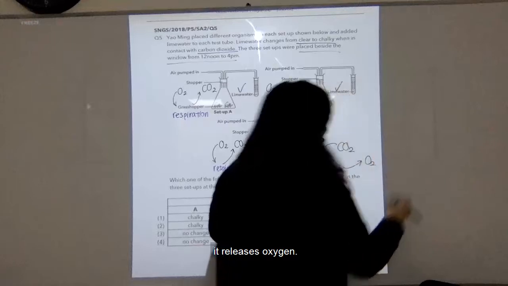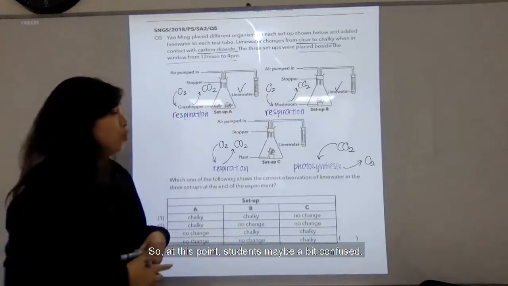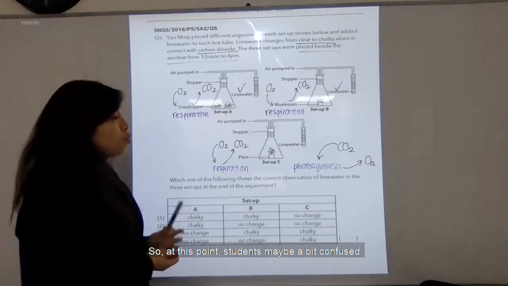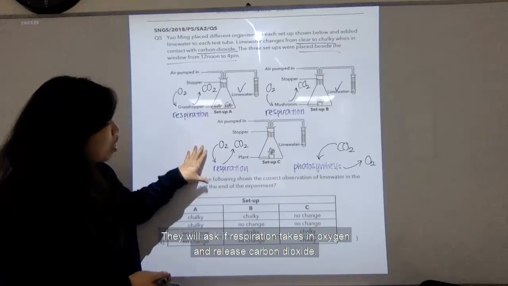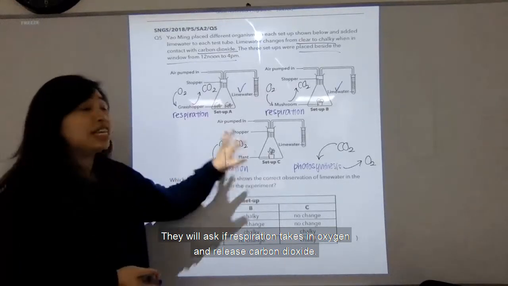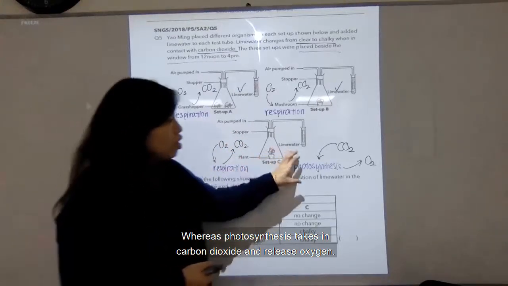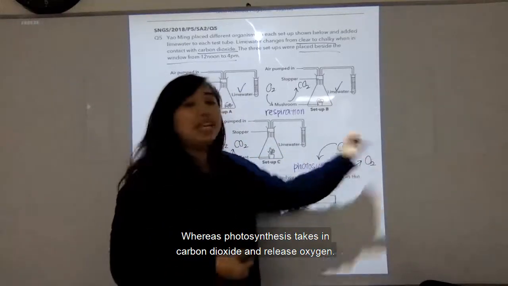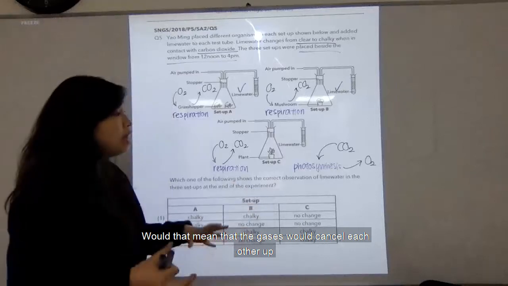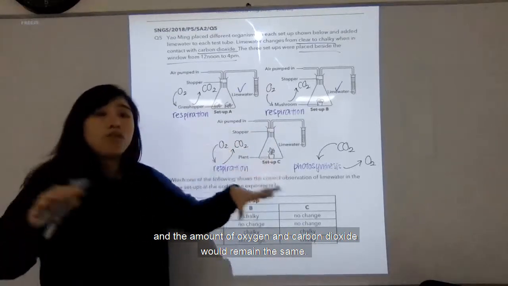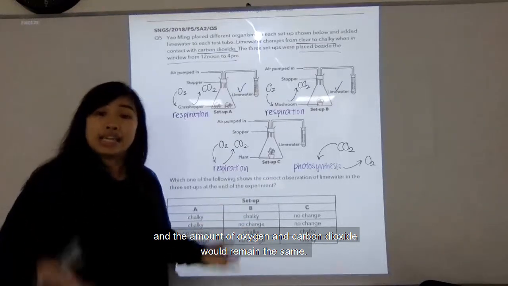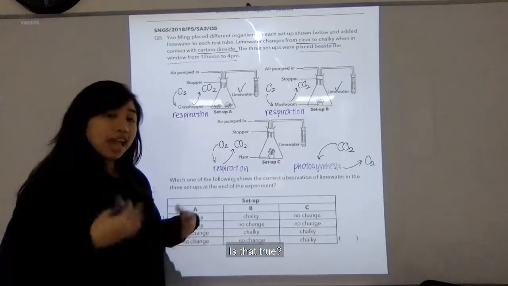It releases oxygen. So at this point, students may be a bit confused. They would ask, if respiration takes in oxygen and releases carbon dioxide, whereas photosynthesis takes in carbon dioxide and releases oxygen, would that mean that the gases would cancel each other out and the amount of oxygen and carbon dioxide will remain the same? Is that true?